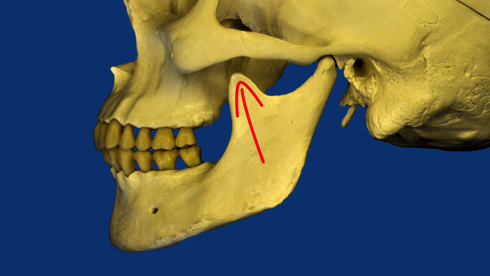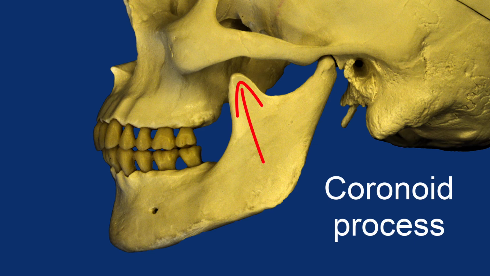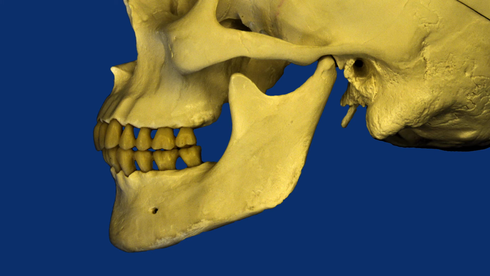Here we have a process which is referred to as the coronoid process. It's oid, it's like something, and what is it like? It's like a corona, it's like a crown. So this process is called the coronoid process because it suggested a crown to the anatomist. We're going to see other features in anatomy that are also referred to as coronoid, or like a crown.